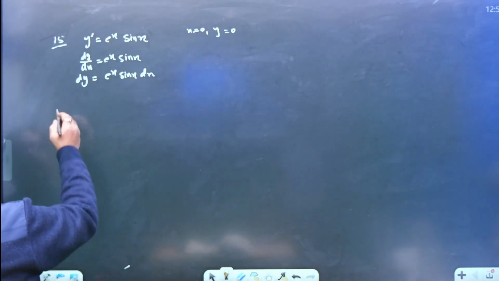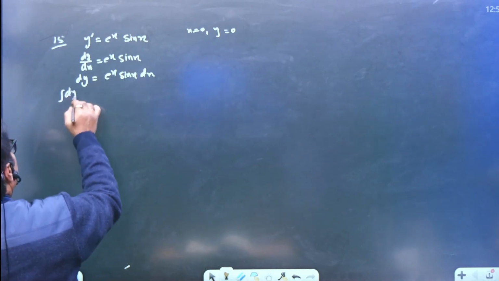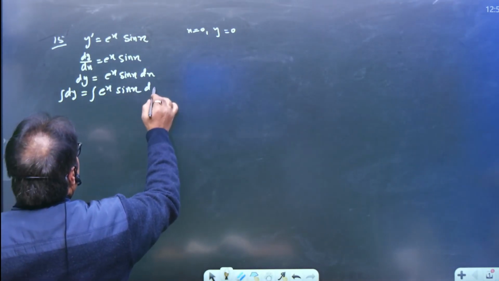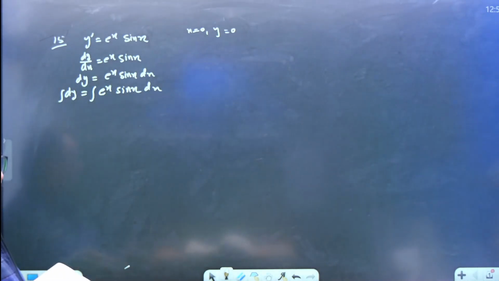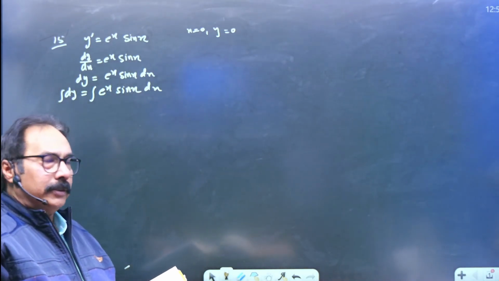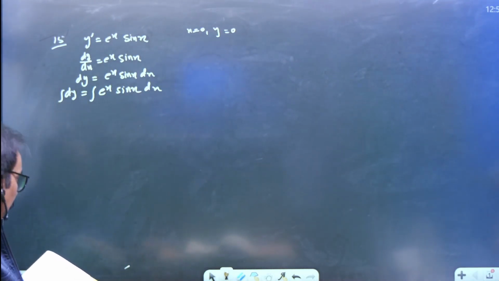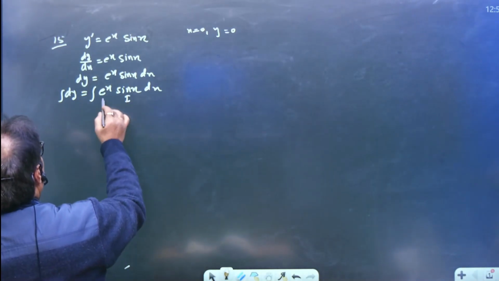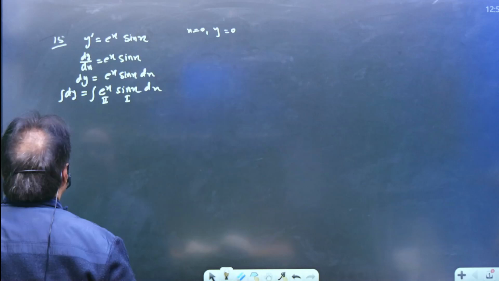Now integrating on both the sides. So integration of dy, integration of e to the power x sine x dx. And here we will apply integration by parts, by applying the ILATE rule. So as per the ILATE rule, this should be the first function and this should be the second function.